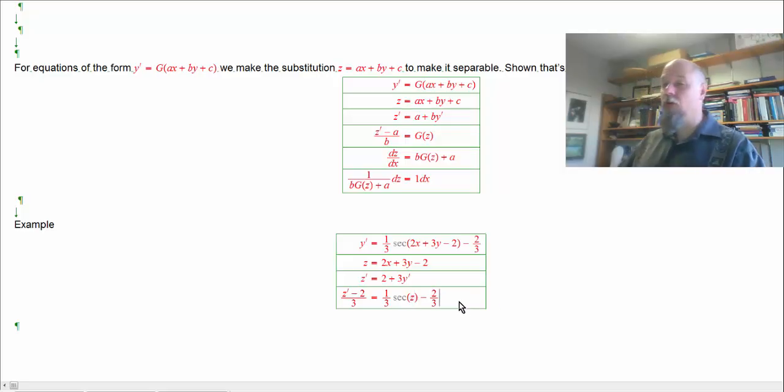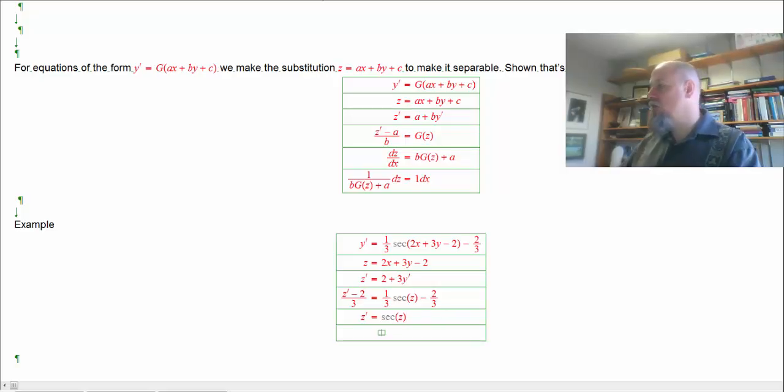So there, the substitution is over. The method promises me that this new differential equation is separable. Well, I can see that I can cancel off a negative 2/3 on each side. If I multiply up the 3, I'm getting z prime is equal to the secant of z.